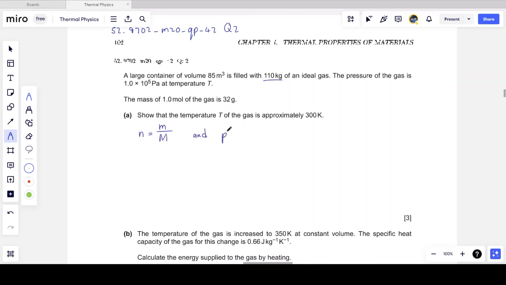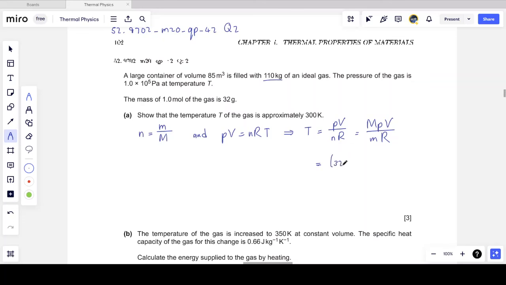The ideal gas equation is PV = nRT, so the temperature is PV divided by nR, which, if I replace little n, is big M times pressure times volume divided by mass little m times R, where R is the universal gas constant. Now I have enough information to find this temperature.